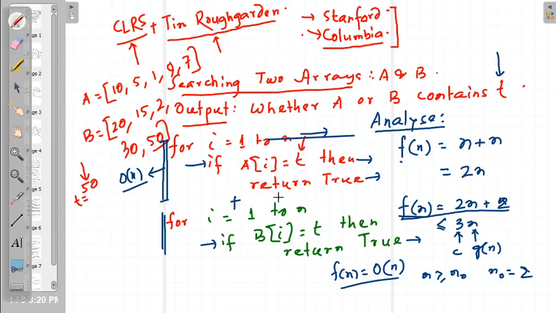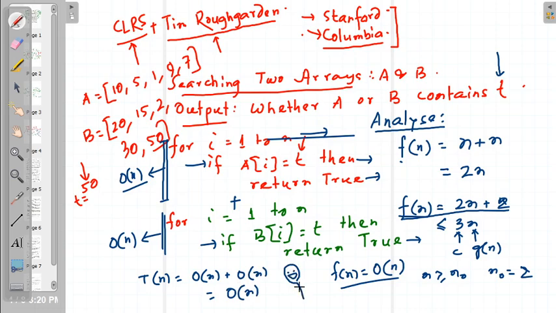So this order of n behavior will not change. This for loop is taking order of n. So the time complexity will be Tn equals order of n plus order of n, which is order of n. And we will be very much happy with this, with a big smile, right?